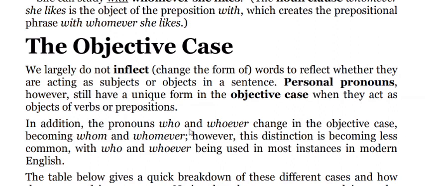In addition, the pronouns who and whoever change in the objective case, becoming whom and whomever. However, this distinction is becoming less common, with who and whoever being used in most instances in modern English.